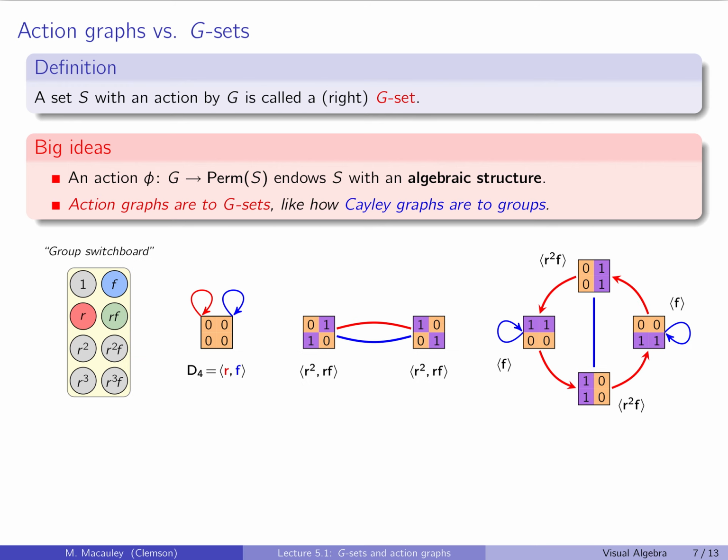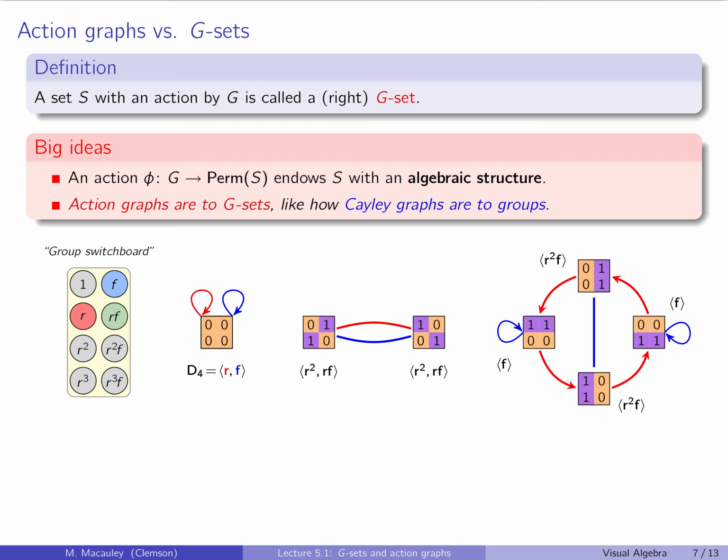Here's an example, the one we just saw. Our group switchboard, and with the action that is defined by pressing the R button rotates things 90 degrees, and pressing the F button flips it, we get this algebraic structure on this set of 7 elements.